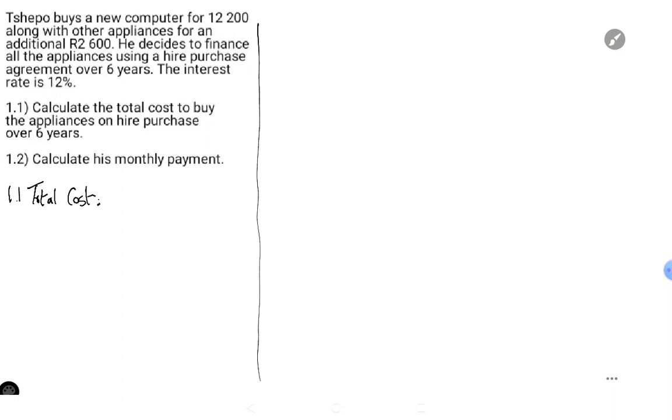Let me get my calculator. So firstly, we have the 12,200 plus 2,600, and that in total gives us, okay, I don't need a calculator for that, I'll just do it.